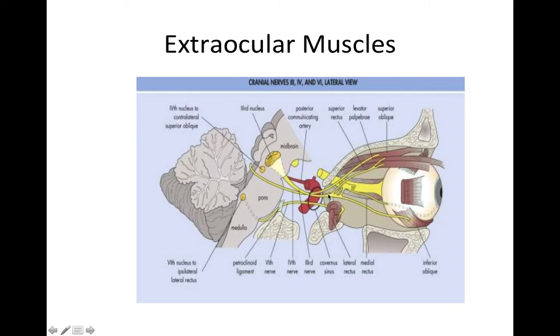The superior branch is going to go up and innervate the levator palpebrae, which you can see here, and the superior rectus. And so those are the pathways of the cranial nerves from the brainstem to those extraocular muscles.